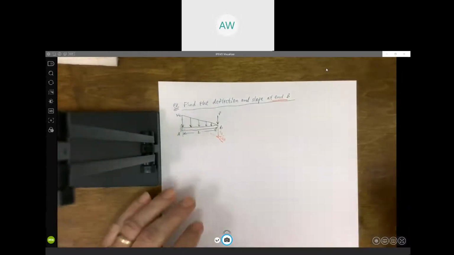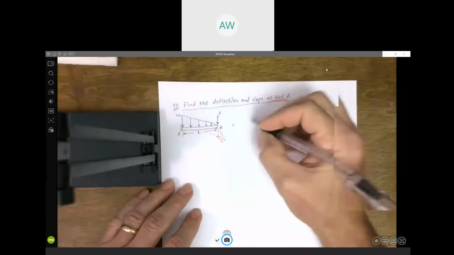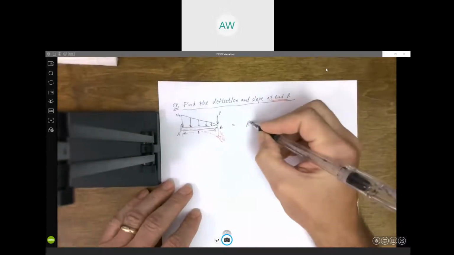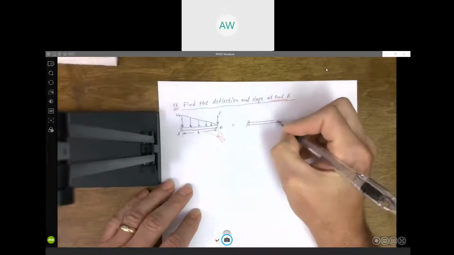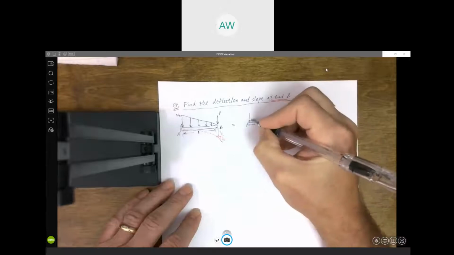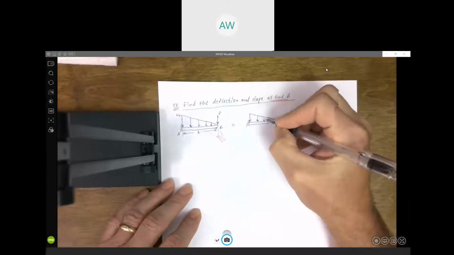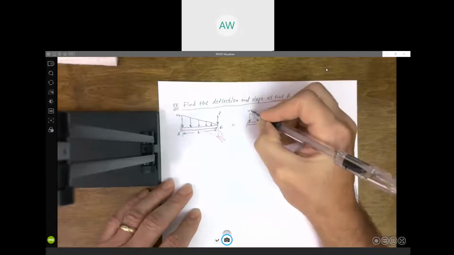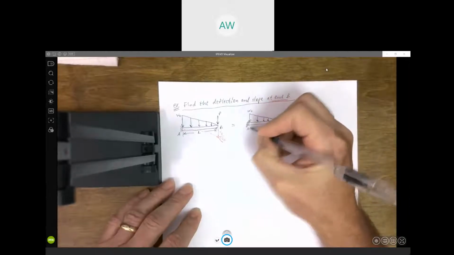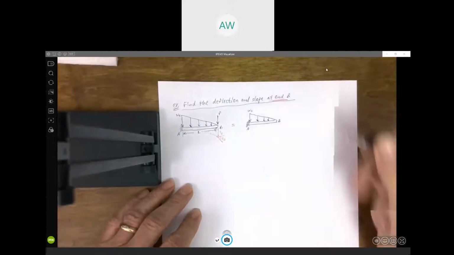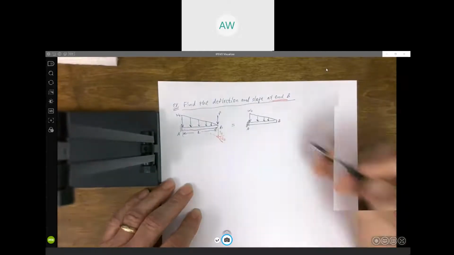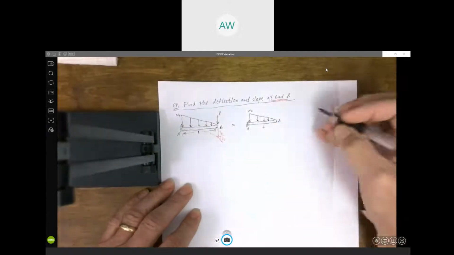So how we do this, again, is we're going to break it up into two individual loadings. We'll do the distributed load first. So we've got this beam. It's got fixed support at A, and we put this distributed load on there.